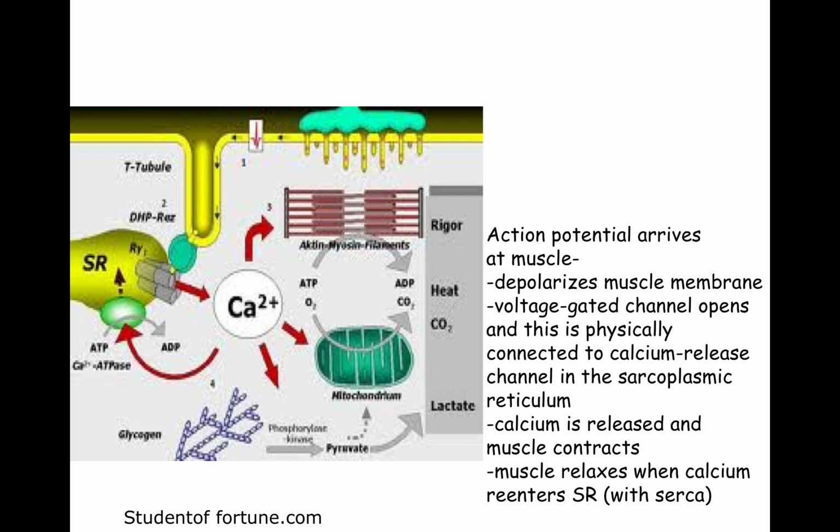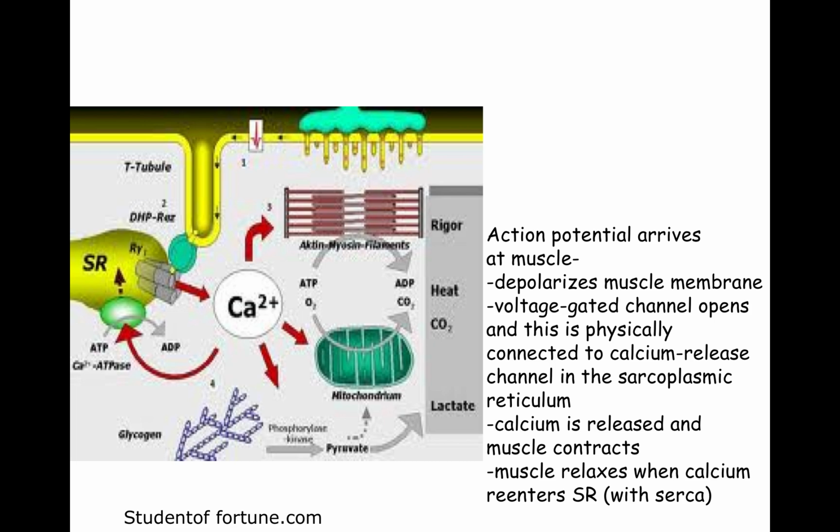So an action potential arrives at the outside of the muscle cell, and it causes a depolarization of this muscle cell membrane. Remember, we just talked about this when we talked about neurons. The charge on the inside relative to the outside at resting is negative, about minus 60.